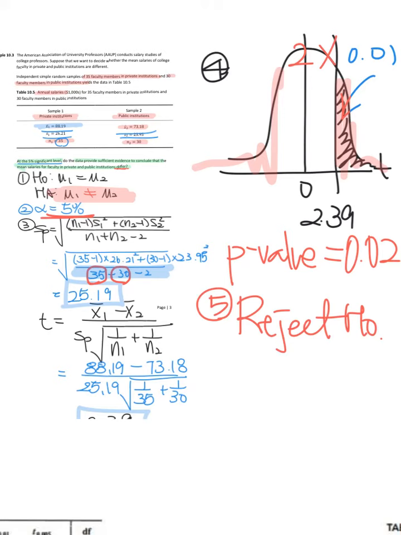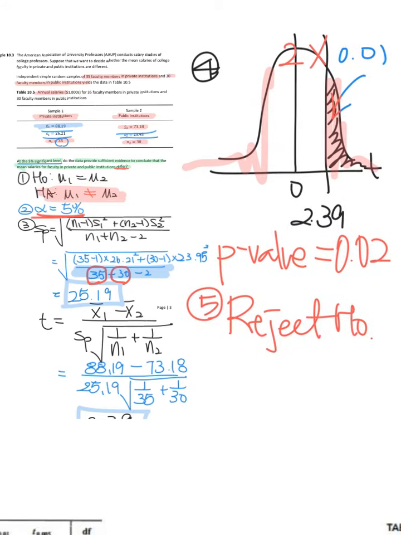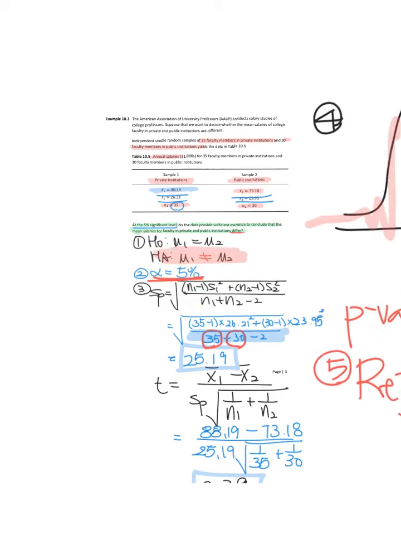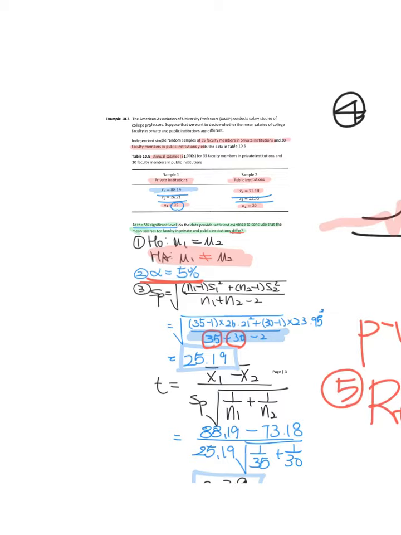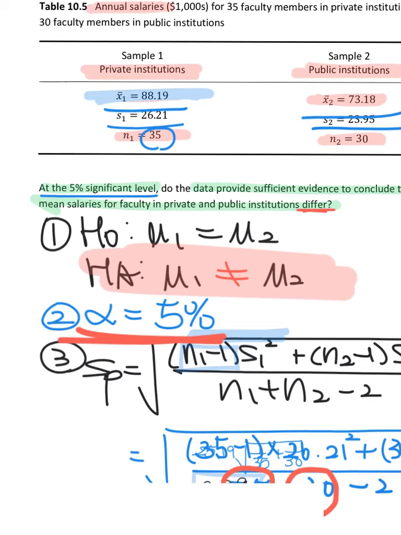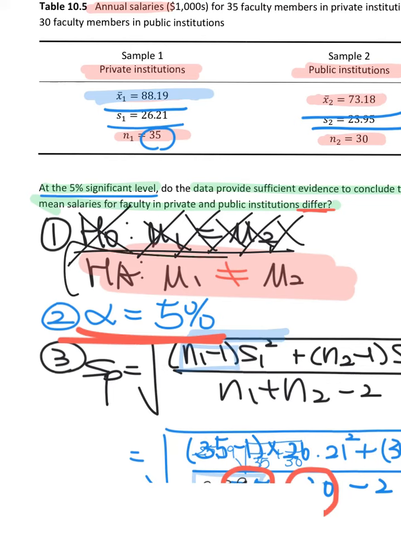Okay, let me go back to step number 1. Now we rejected the null hypothesis. We have to interpret the alternative hypothesis, which was mu1 is not equal to mu2. What does that mean? Are they same or different? Different.